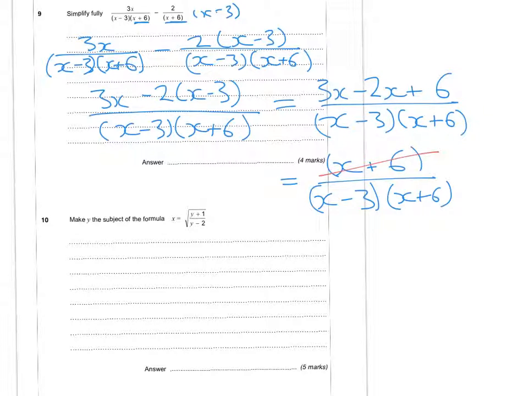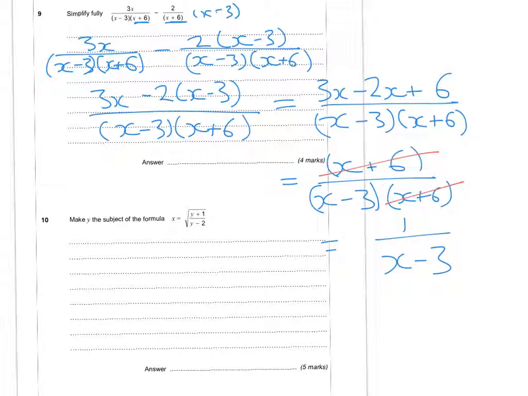Common factor there. So we are left with 1 over x minus 3. Wow, that simplified nicely. If you can avoid it, don't expand the brackets when simplifying fractions. It will just make a mess.